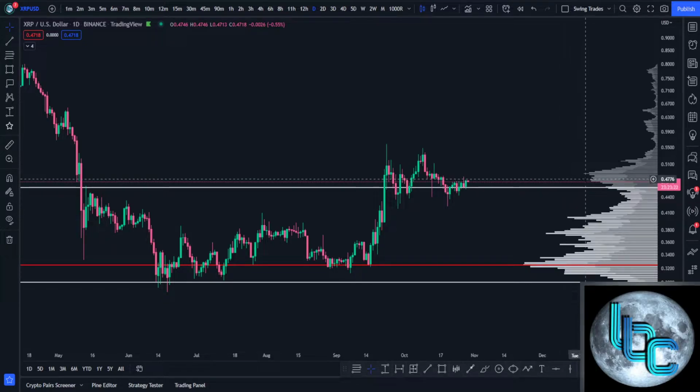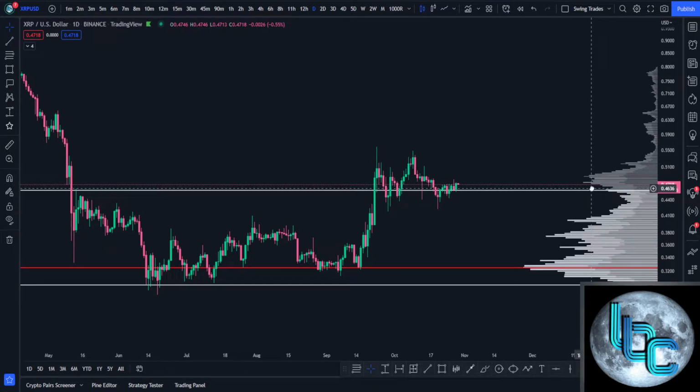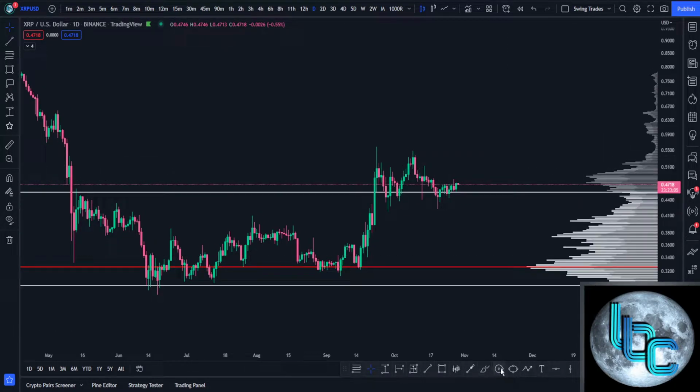Okay, so at the 0.475 level, you've got this high volume right here. And then if you stack it all together, like this right here, this is what would be considered a high volume node.